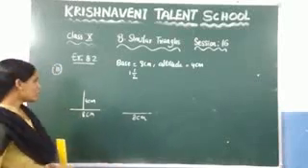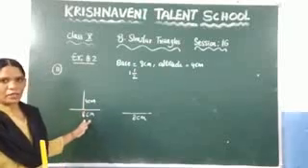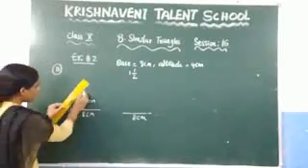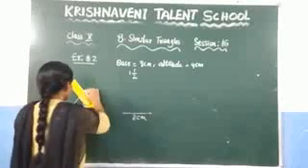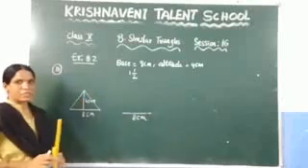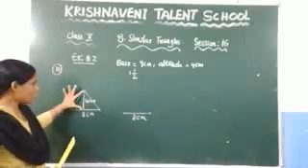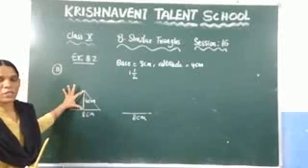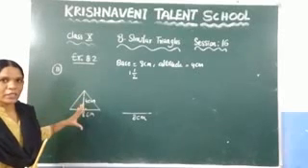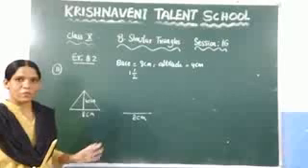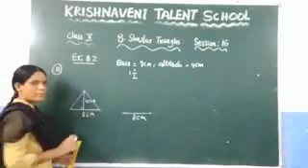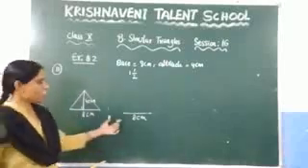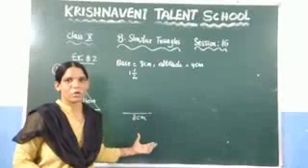That means you need to draw one line such that if you join this line and this line, you will get the isosceles triangle. That means you need to draw the height, which is 4 centimeters. So how to draw the height? You know that the altitude is always perpendicular to the base. So you need to draw the perpendicular bisector of this base.